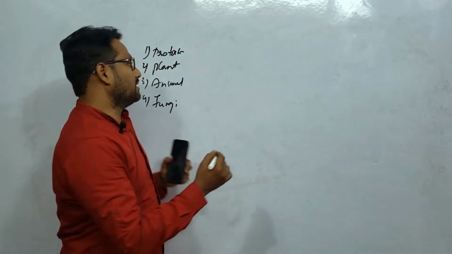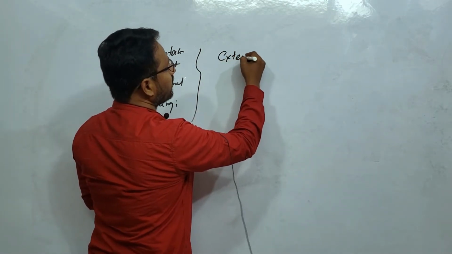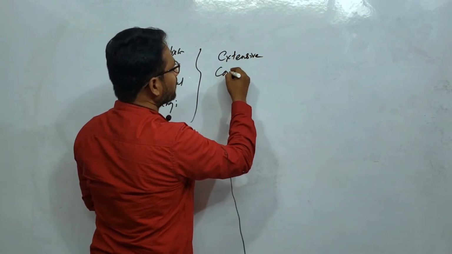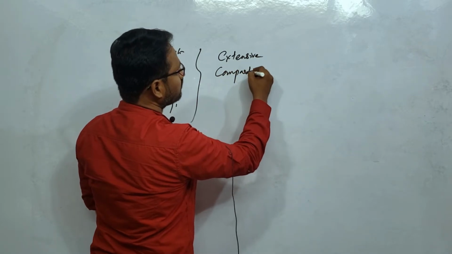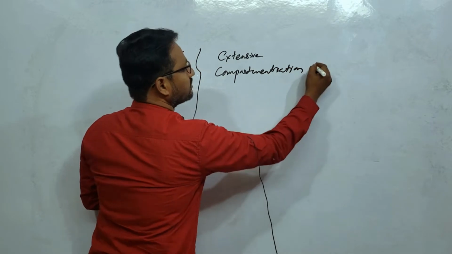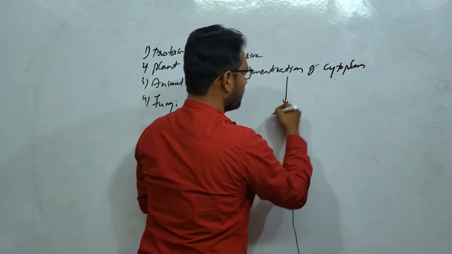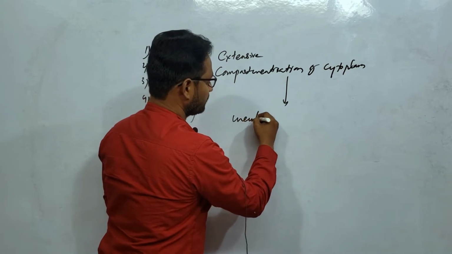In eukaryotic cells, there is an extensive compartmentalization of cytoplasm through the presence of membrane bound organelles.